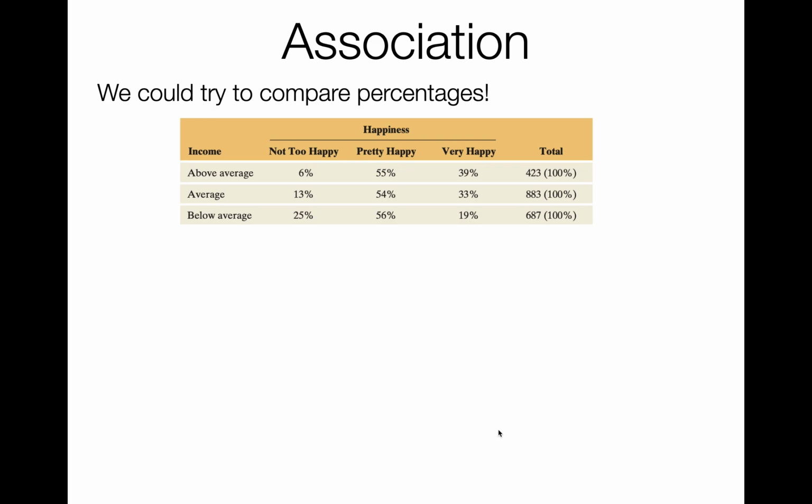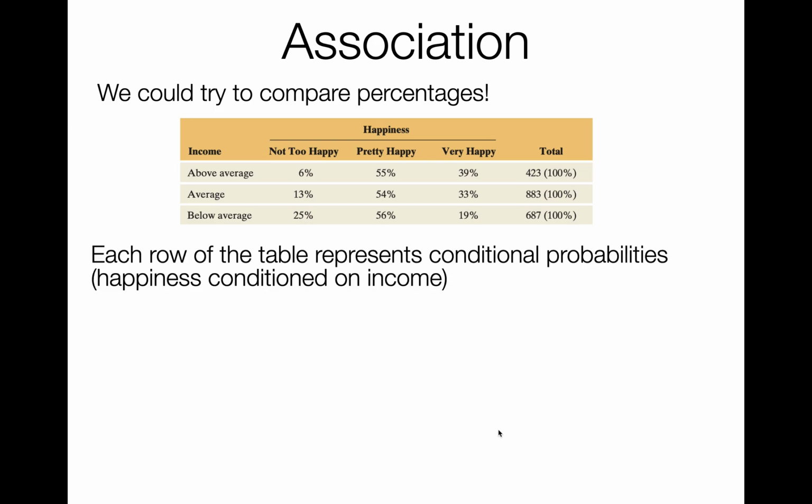And similarly on the other end, there are a much smaller number of people who are not happy and have above average income when you compare to the same things for average and below average. So that might be a way to look at association, but of course that's just in your thoughts. We need to formulate that statistically or probabilistically or mathematically, however you want to think about it.